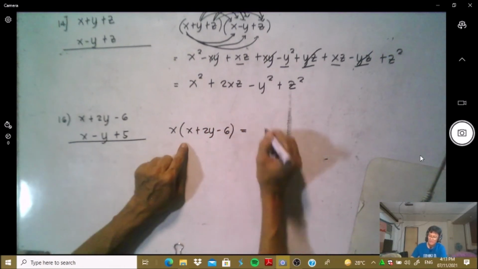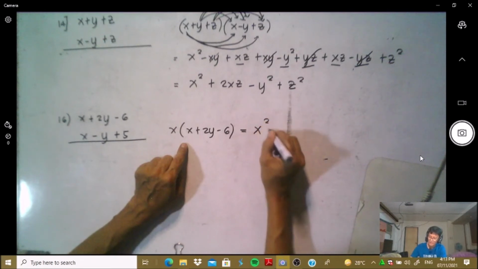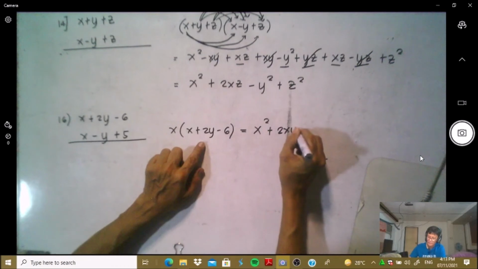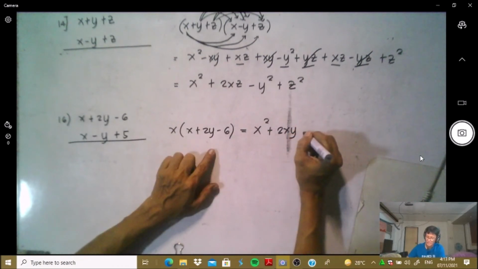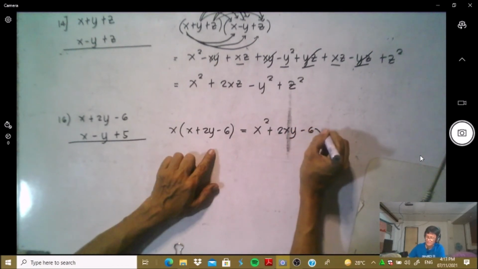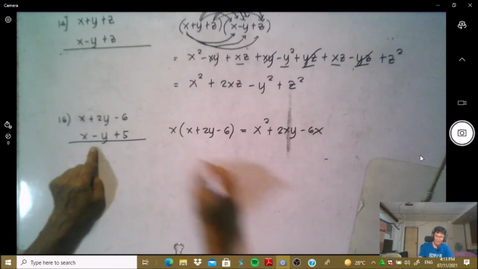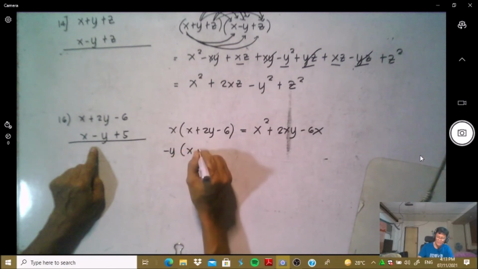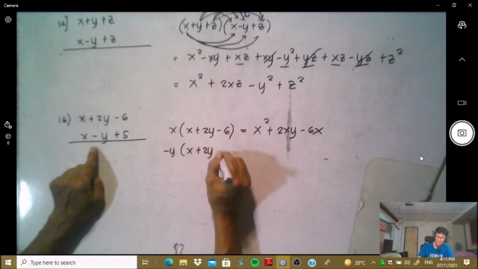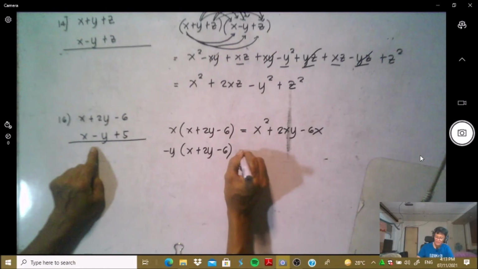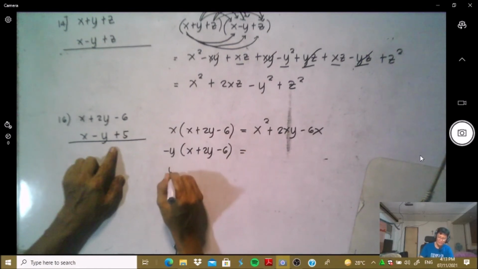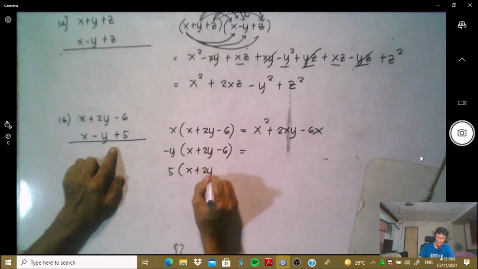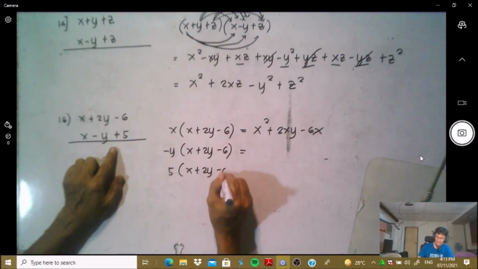We have x times x is equal to x squared, plus x times 2y is equal to 2xy. Then x times negative 6 is equal to negative 6x. Next will be negative y, multiplied to x plus 2y minus 6. Then next we have 5 to be multiplied with x plus 2y minus 6.